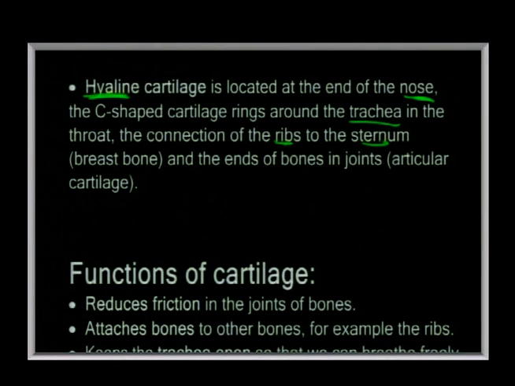If you feel where your breastplate is here, this is your sternum. So attaching the ribs to the sternum, there we're going to have hyaline cartilage. And of course, the ends of bones in the joints. For example, it forms articular cartilage. Articular cartilage is cartilage where you're going to have one surface rubbing against another one. It articulates. All right, so that's your hyaline cartilage.